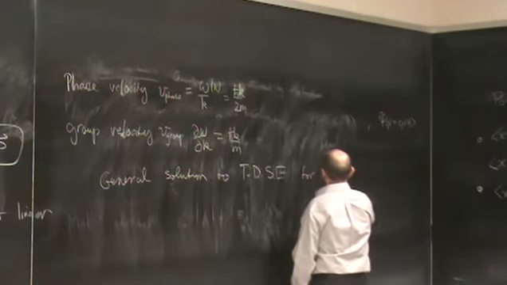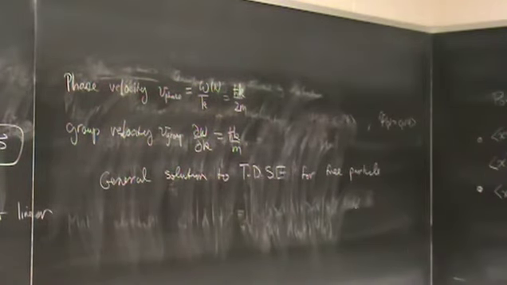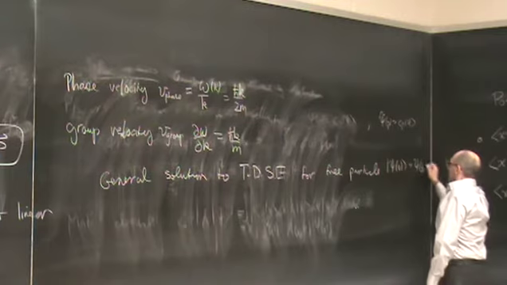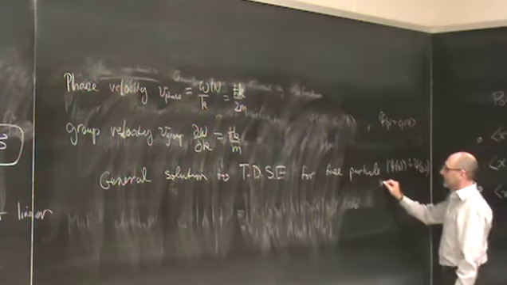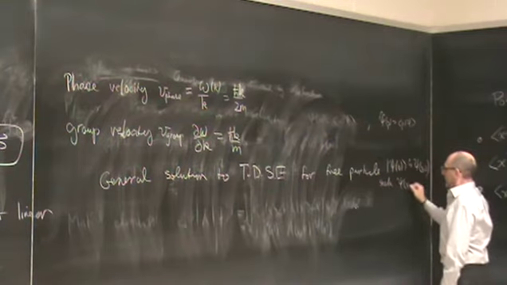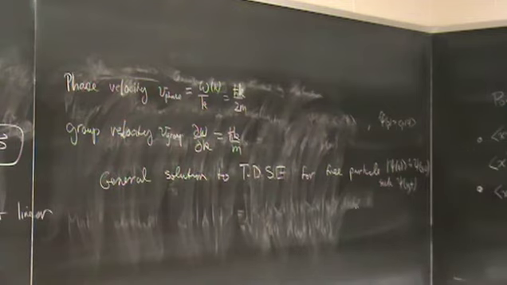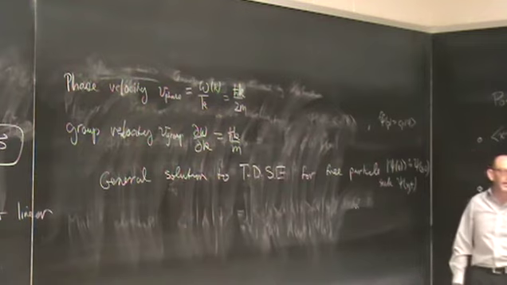So I'm given a wave function at time t equals 0, and I seek the wave function at some later time. This is not necessarily an energy eigenstate. It's some arbitrary particle state. And I want to know, what is the solution? How do I solve the time-dependent Schrödinger equation?